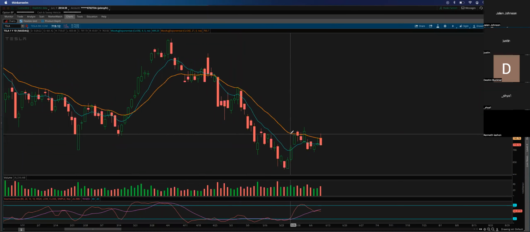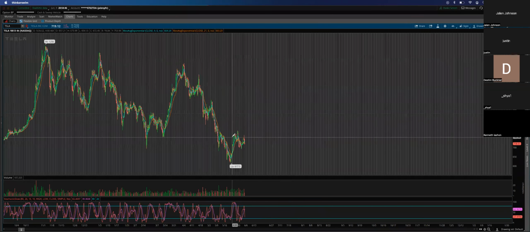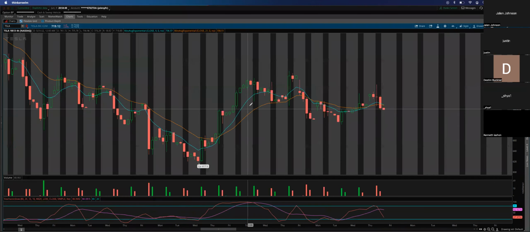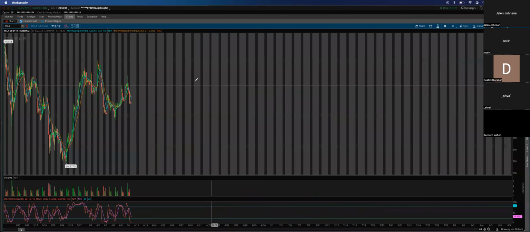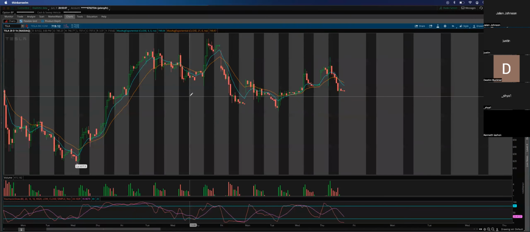I want to say, let me look at the 4-hour. Looking for a stronger move down. I like this move down. I'm gonna come to the smaller time frame to see if that move makes sense. Let's see if that move made sense.